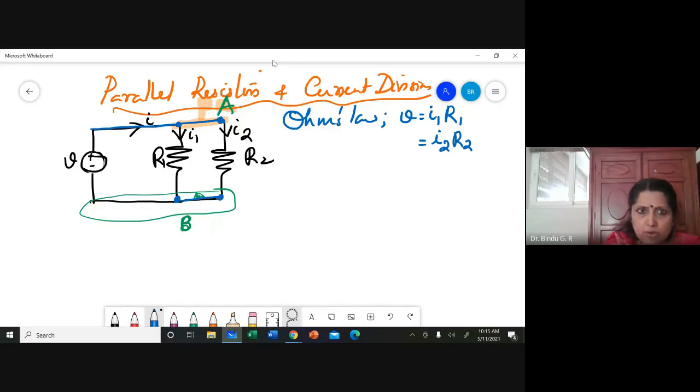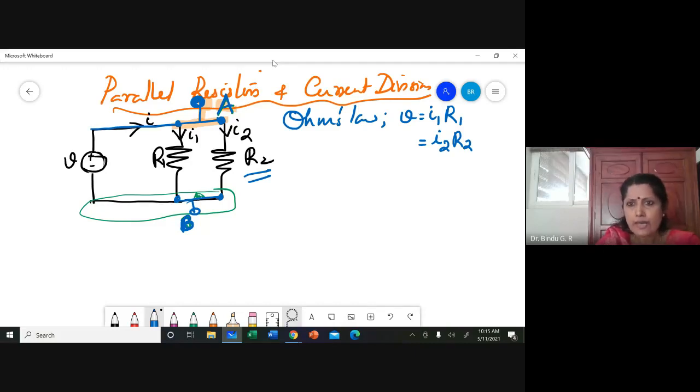Voltage remains the same because R1 is connected across node A and node B, and R2 is also connected across node A and node B. So you can have only one voltage applied across R1 and R2.